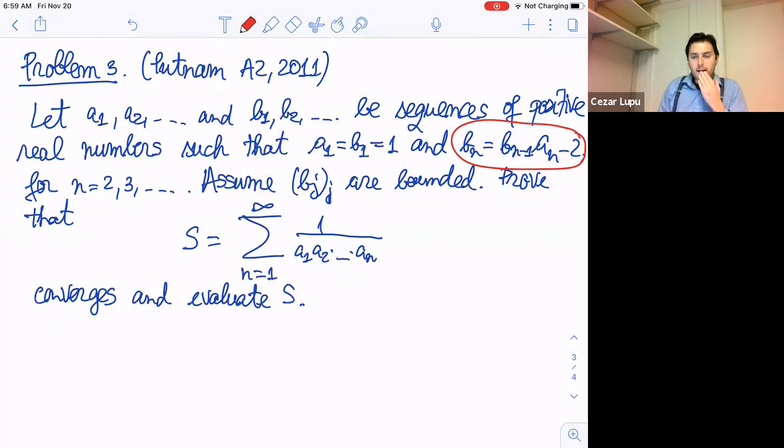What I'm asked to do is to evaluate that in terms of the product A1, A2, An. So maybe the only option we have here is to express this guy in terms of the recursion here.